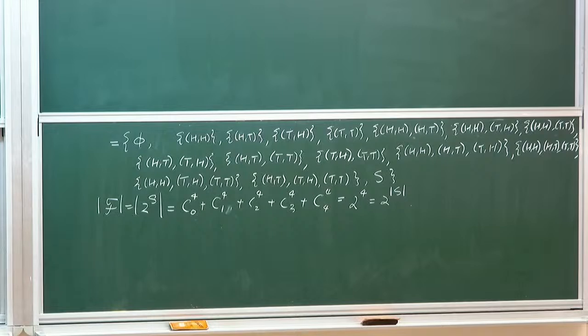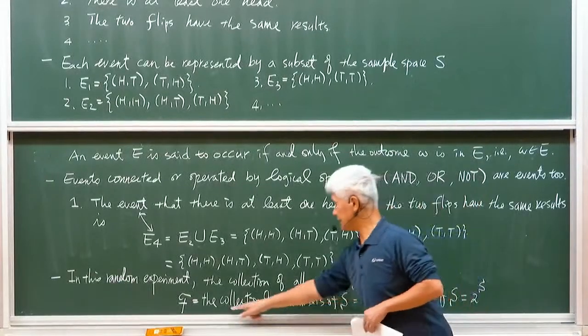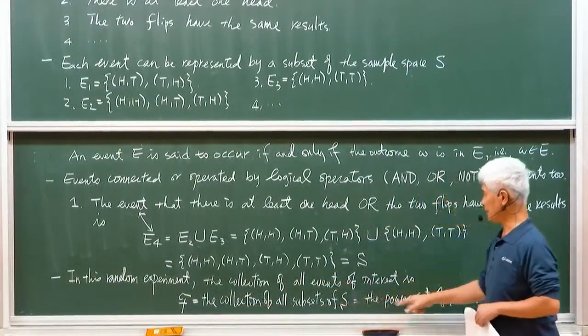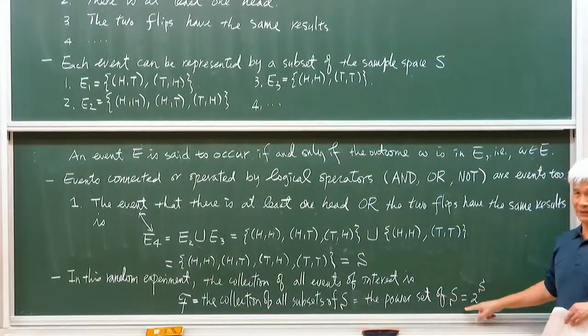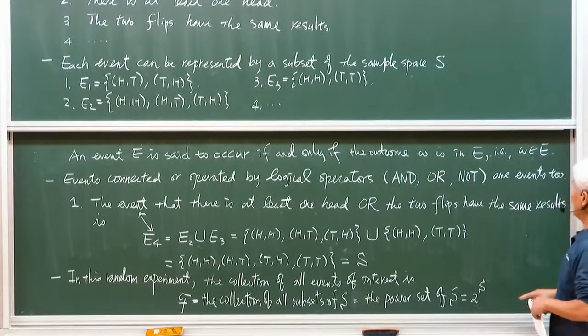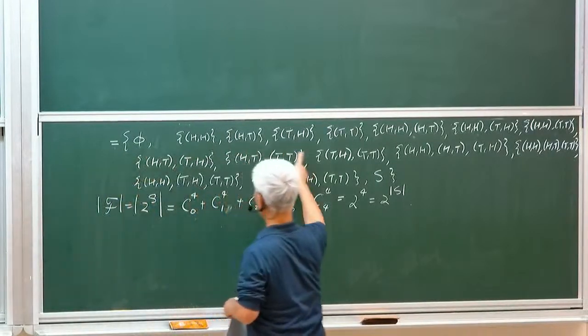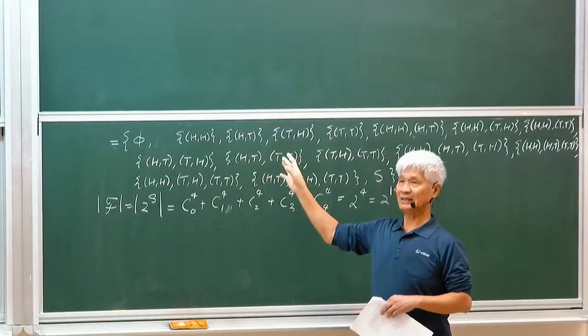So this collection F will be the collection of all subsets of S. In set theory, the collection of all subsets of S is called the power set of S, and the notation is here. I just write down and enumerate all possible subsets here.